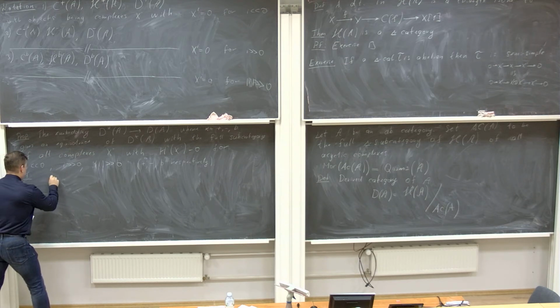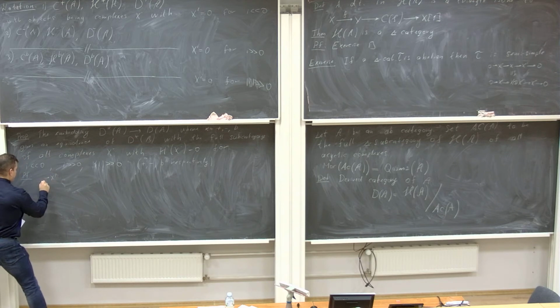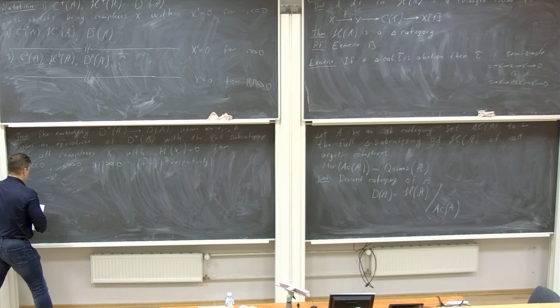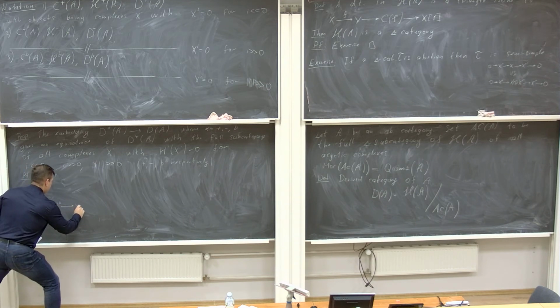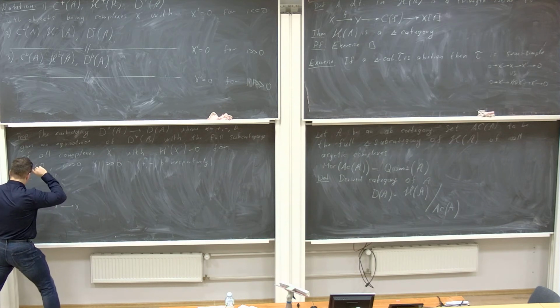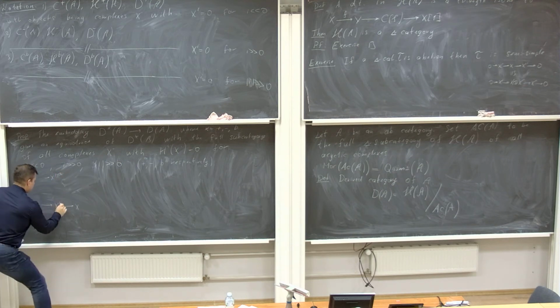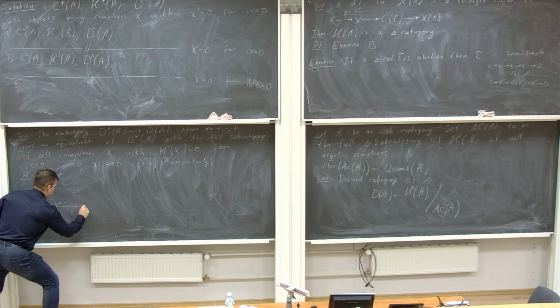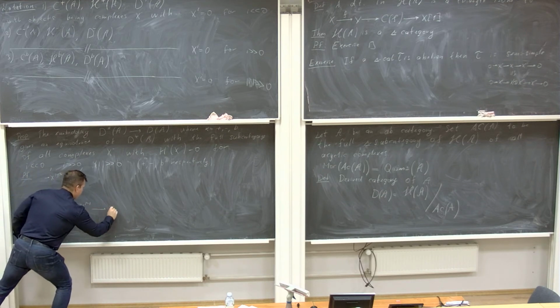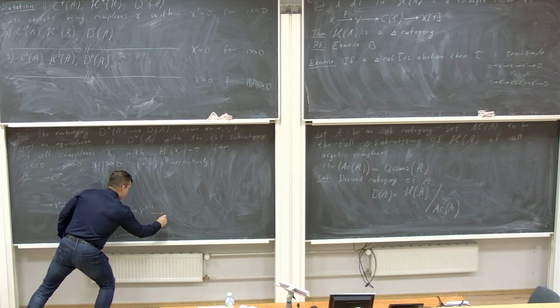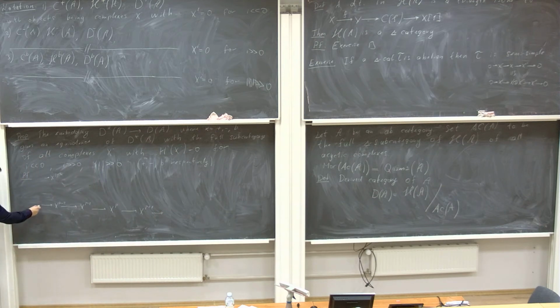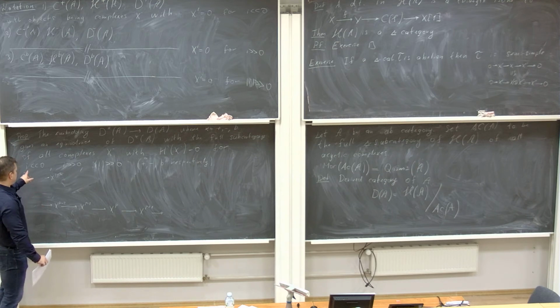So you take a complex, and I assume that for all sufficiently large positive indices the cohomology is trivial.